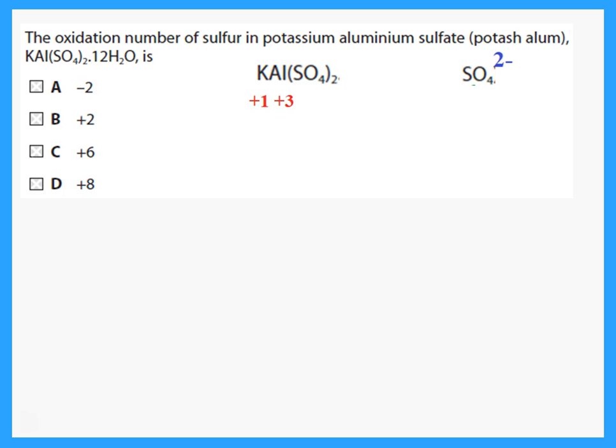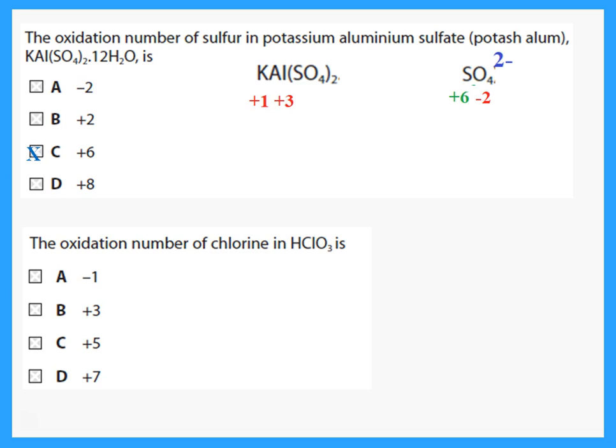So the sulfate as a whole, SO4, is -2. Each oxygen is -2, that's -8. So the sulfur has to be +6 in order to have an overall of -2, and that means +6 is our answer.